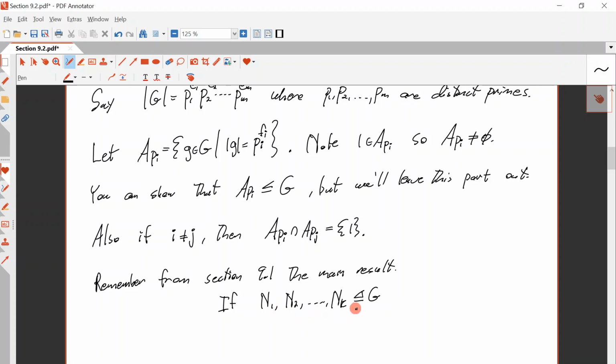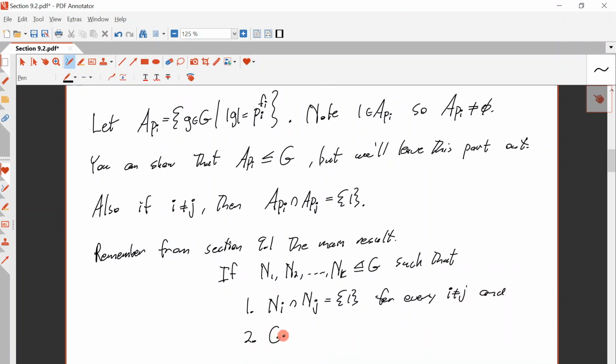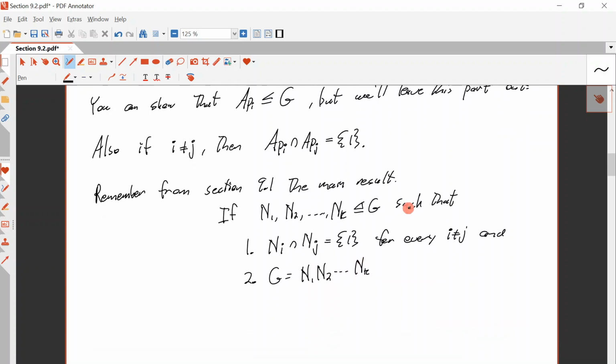If N1 to Nk are subgroups of G such that, 1, Ni intersect Nj is just 1 for every i not equal to j, and 2, G is equal to the set product, then G is isomorphic to N1 cross N2 cross Nk.